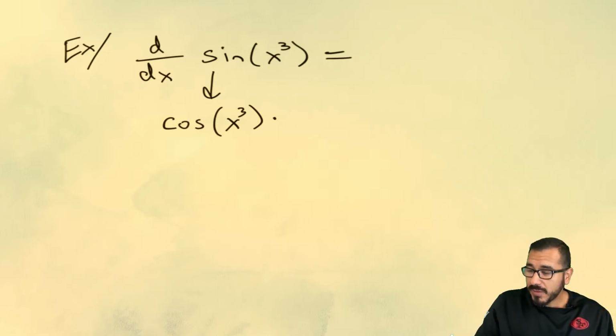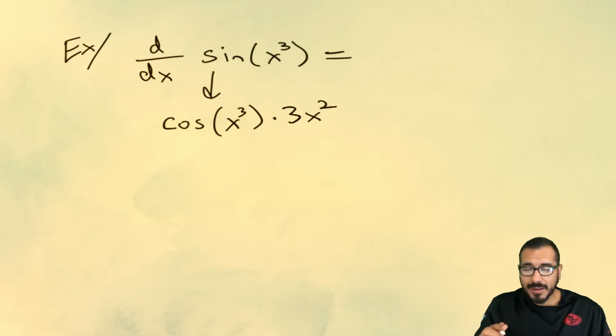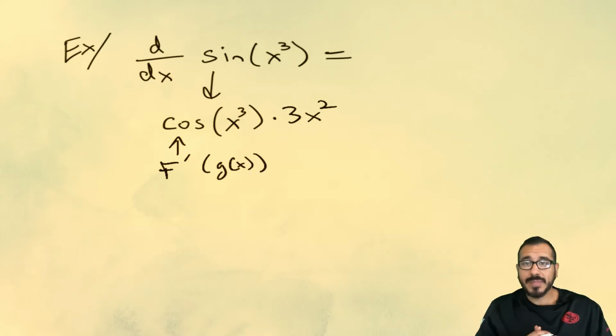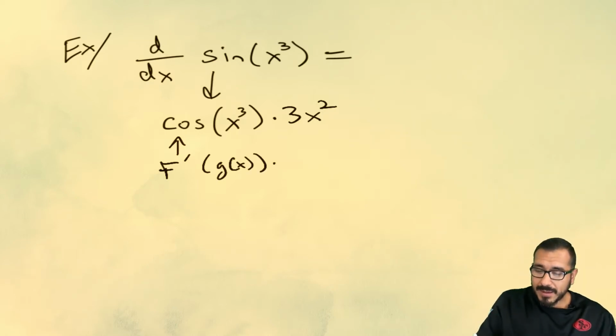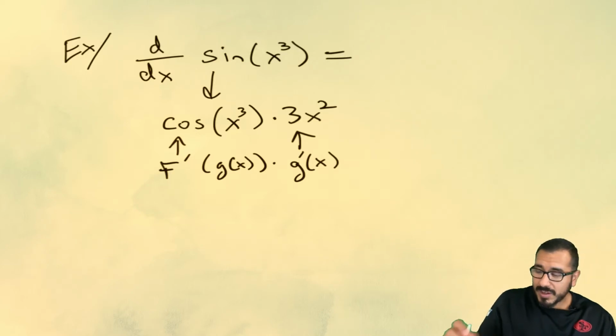The derivative of x cubed is 3x squared. So we have the derivative of the outer function, we left the inner function the same, and we multiplied by the derivative of the inner function, which we called g of x.